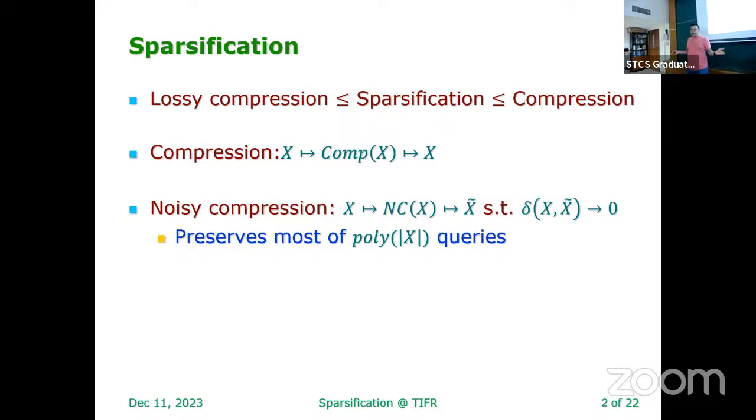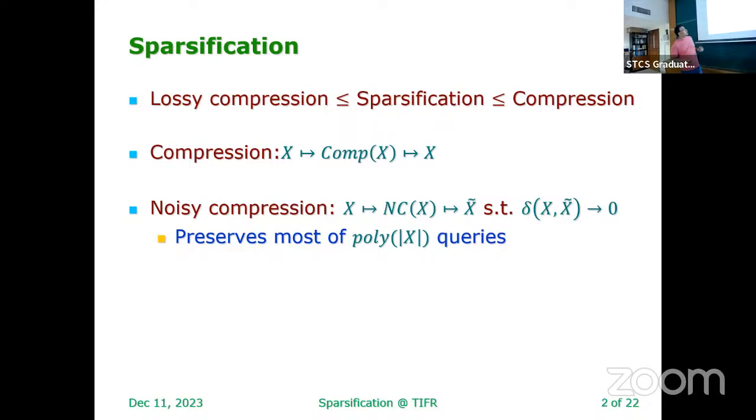And you will get it right for most of the coordinates. So most of the queries are answered correctly, but the number of different queries that you can think of is also only polynomially many. In contrast, of course, if you want to ask about any function of X from its compressed version, you can compute that function completely because you're getting all of X back, and so all functions are recovered.